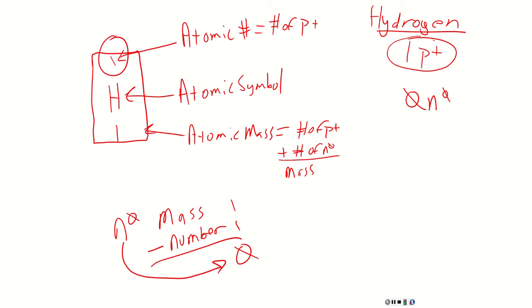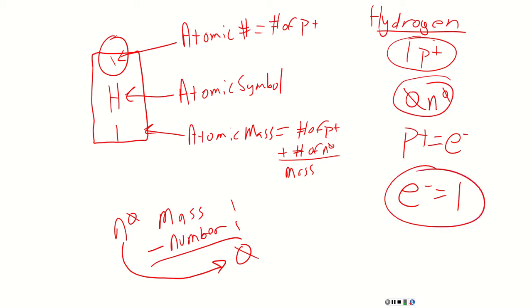Well, we just said on the previous slide, in its natural state, the number of protons is equal to the number of electrons. So how many electrons does it have? 1. We have 1 proton, 0 neutrons, and 1 electron.